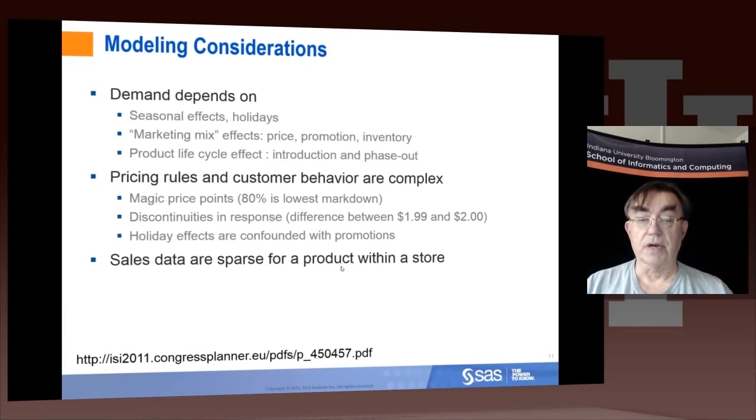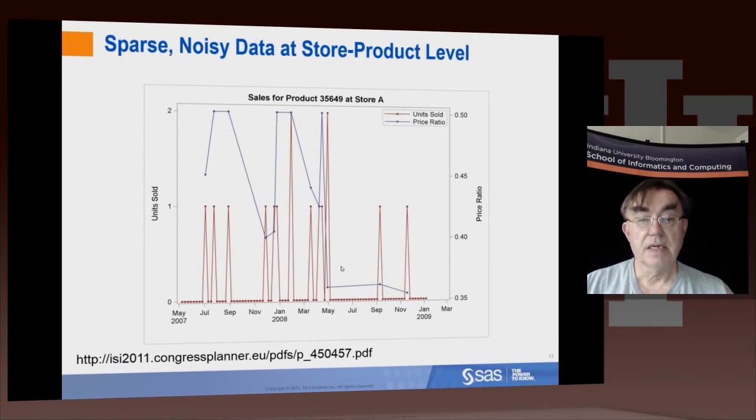And also you have to disentangle various competing effects. And finally, as we see on some data we present following, within any one store, the sales data are pretty sparse, and so you can't make a very good prediction based on that. Here's this example of noisy data at the store product level.